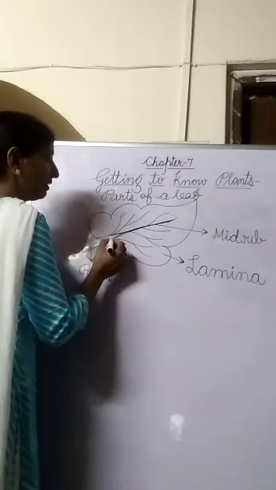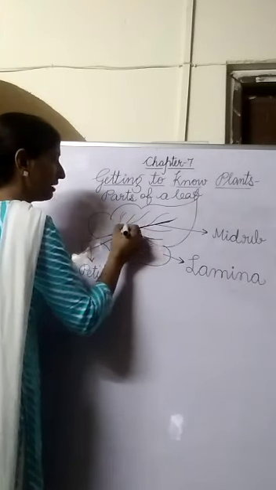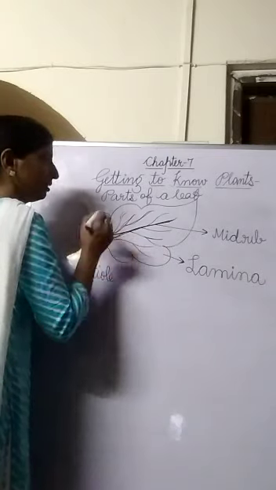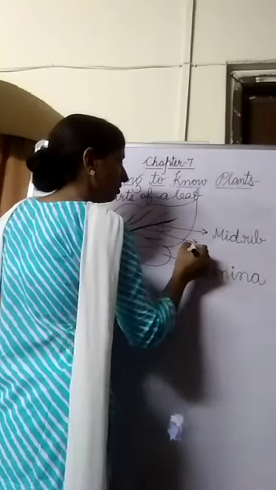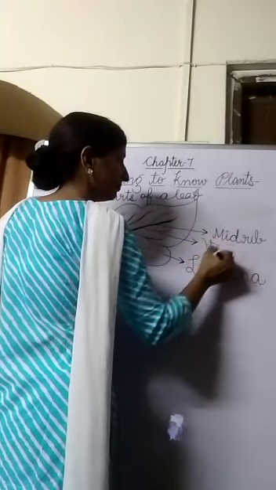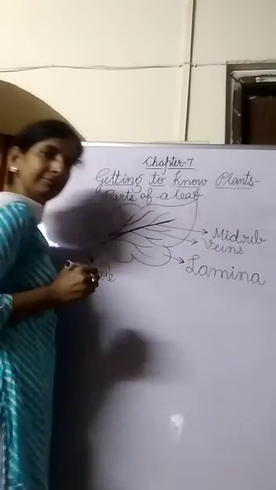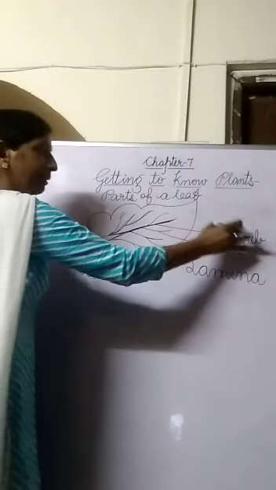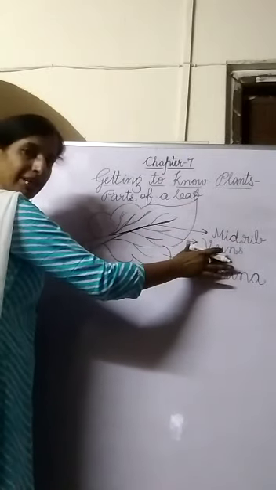Right? And to this midrib, many veins are attached. These lines present on the leaf are called veins. The prominent line in the middle of the leaf is called midrib, and the other lines present on the leaf are called veins.